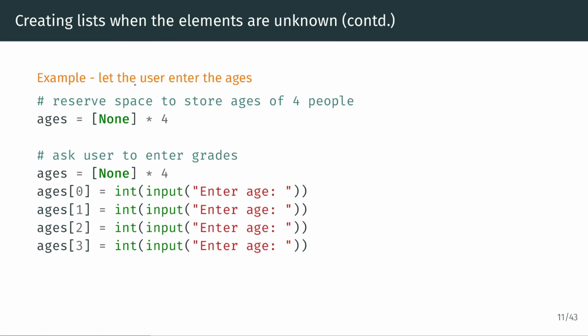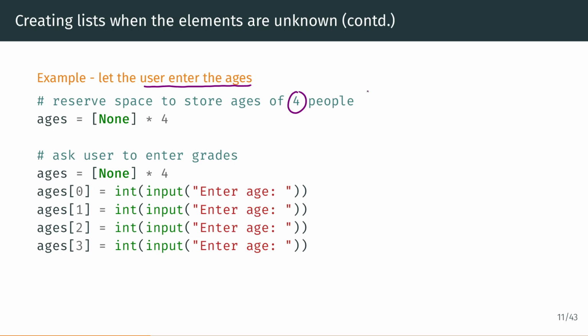The example here is that we let the user enter the ages. Let's say we have a list of 4 people and we need to store their ages. So we say ages equals None times 4.